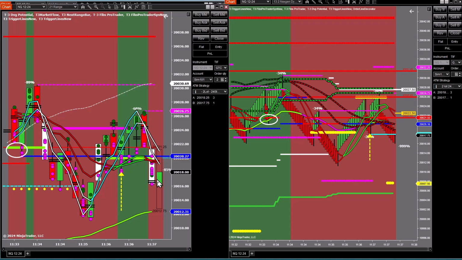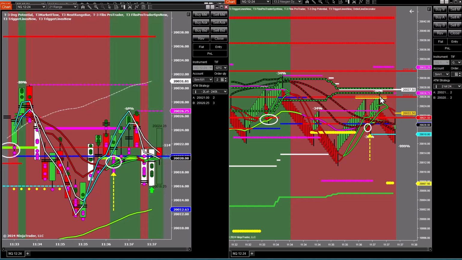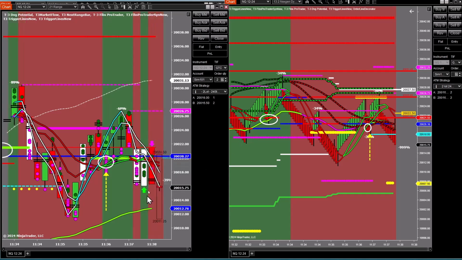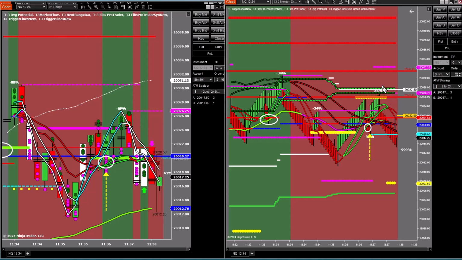All right. Anyway, an assertive entry into some areas. You have two choices. You can get in and manage your trade a little tighter if they don't break, or you can wait for this area to break.